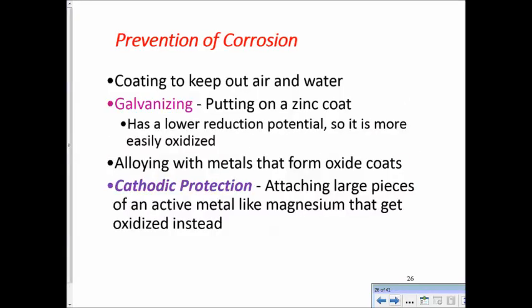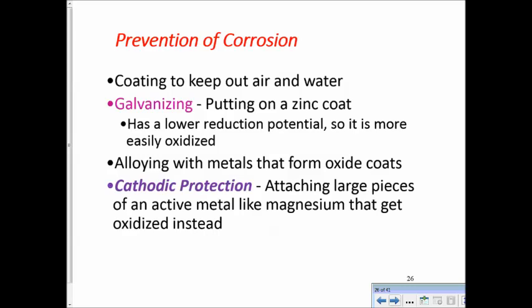But we have ways to prevent corrosion. Most of the time, they're coated or painted with things that are not going to be corrosive, or they put zinc in there, galvanizing, because zinc is cheaper. It's kind of considered to be a sacrificial metal, where the oxidation will occur on the zinc and not the actual structural metal like the iron.